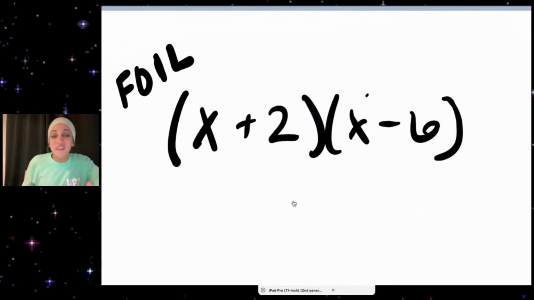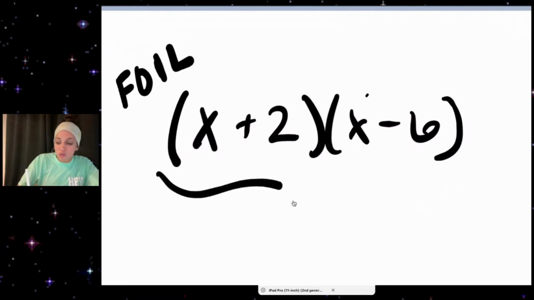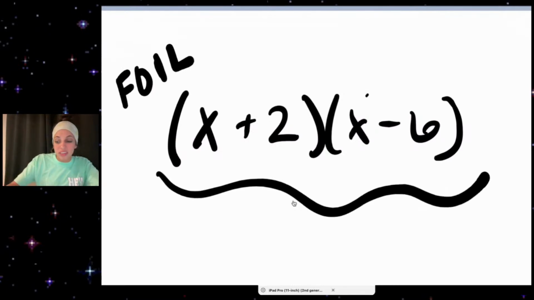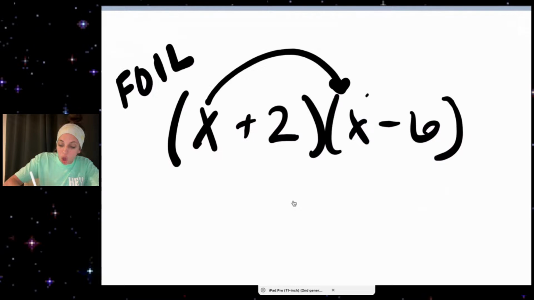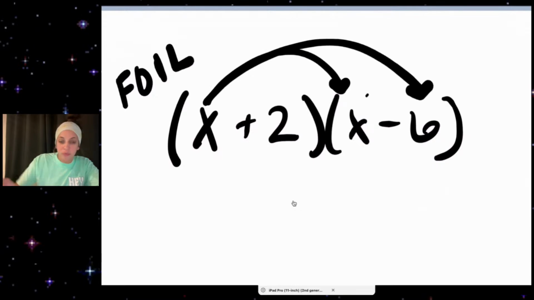I can also think of it as the distributive property. Elementary people, you need to know what the distributive property is, which is I can take something and distribute it all the way through. So this x gets distributed all the way through.